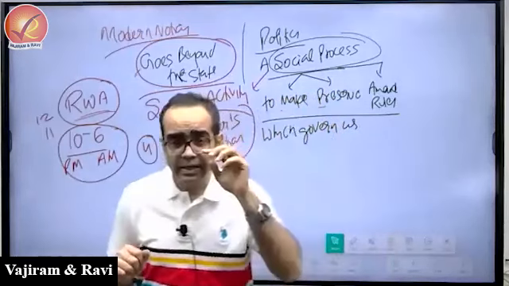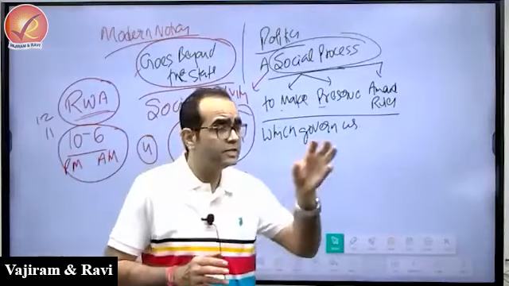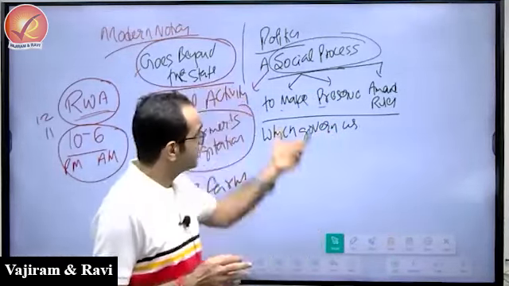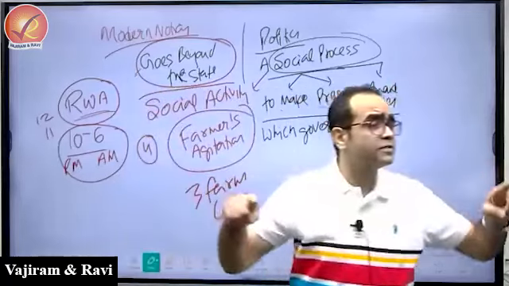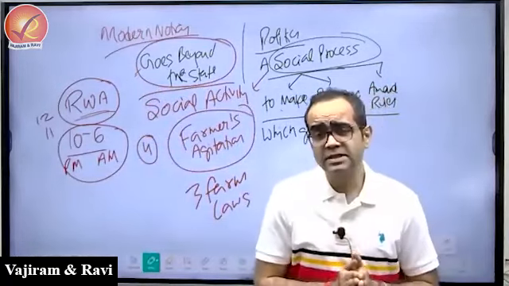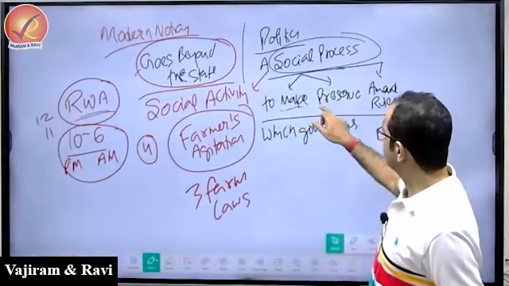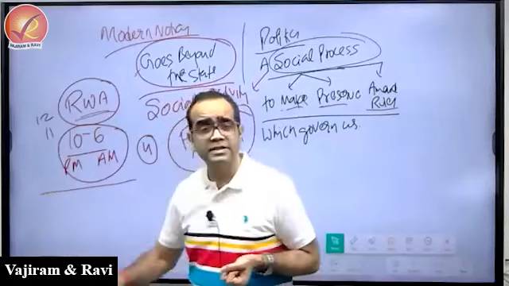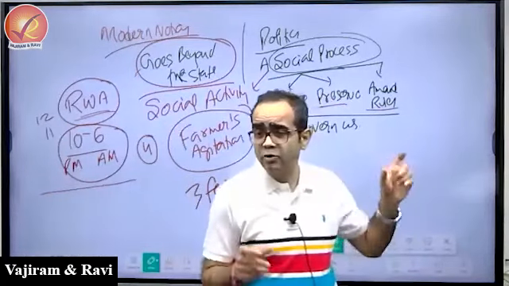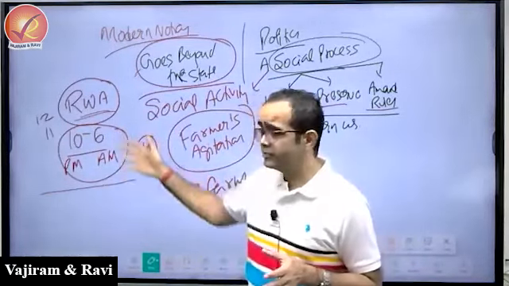So politics is now no more concerned with the state only. Politics is now considered as a social activity. It permeates every aspect of society, and politics is how we make, preserve and amend rules, how we are going to resolve the conflicts among people while deciding about these rules, the way we have here.